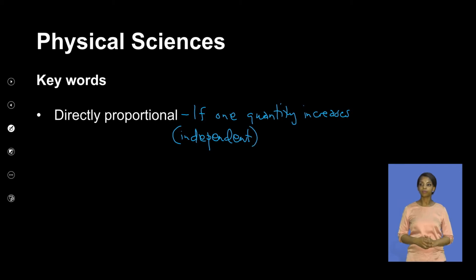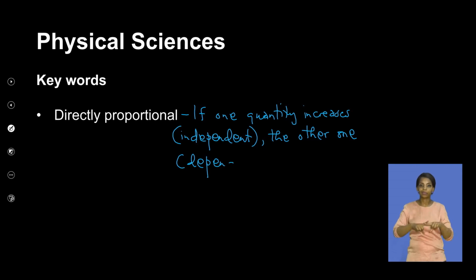If one quantity increases, which is the independent, the other one also increases. The other one here in this case is the dependent or the response variable.